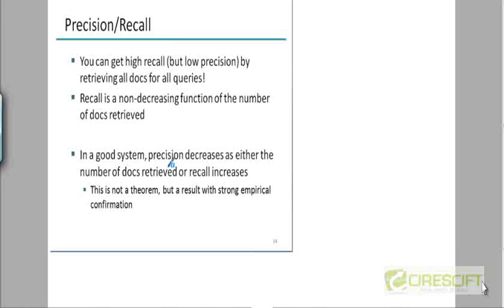So we are talking about the number of documents here rather than the size. By size, do you mean the number of documents, or are you looking at the physical size of a document in terms of number of words in it? The number of documents. So what you're saying is if the number of documents increases, precision will decrease. And why is that?